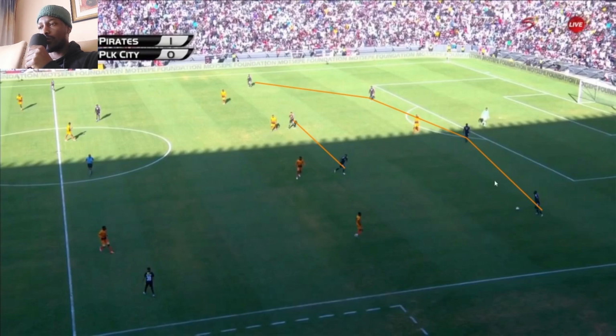The reason why you go to a 4-2 structure is because you want to drag these players to come closer, so that there's space. Look at the space that's created. When there's more players in build-up, they have no choice but to go forward. Look at how many players they have putting pressure on the ball.